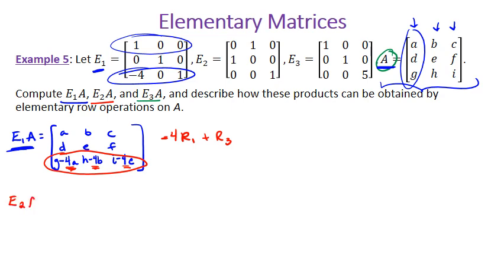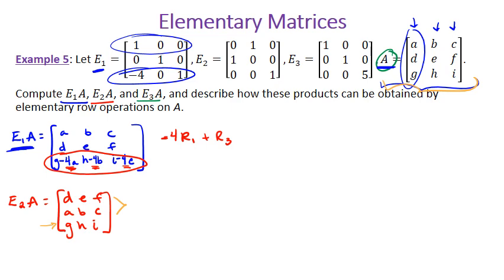So now we're going to take E2 times A. All right, I'm just going to show that to you quickly. It becomes the following: D, E, F, A, B, C, and G, H, I. So now when I compare this new matrix to the original matrix A, I notice that row 3 stays the same, but something happens to rows 1 and 2.